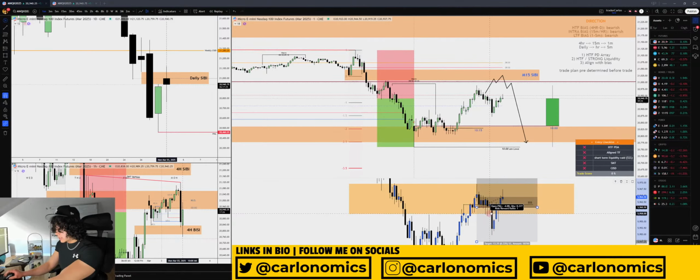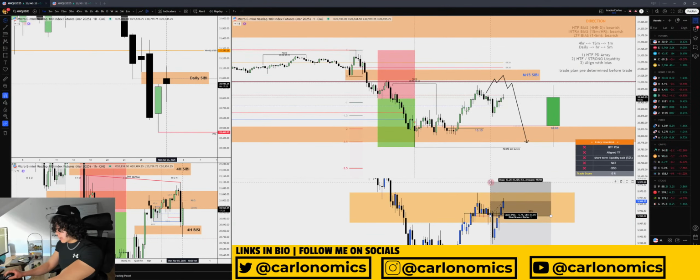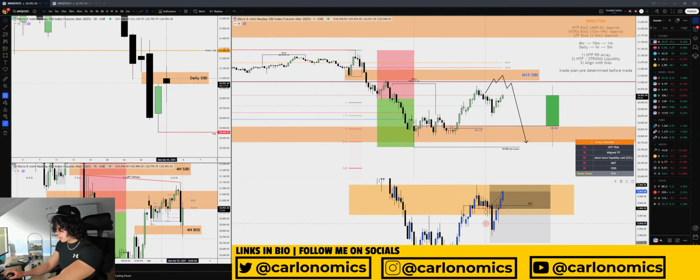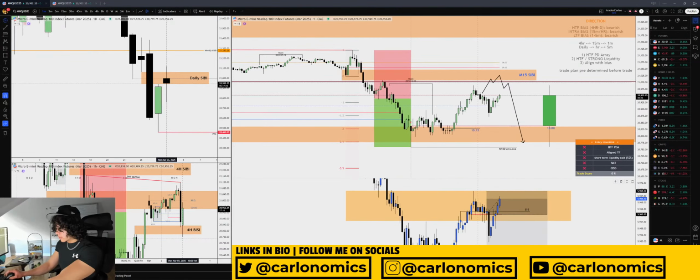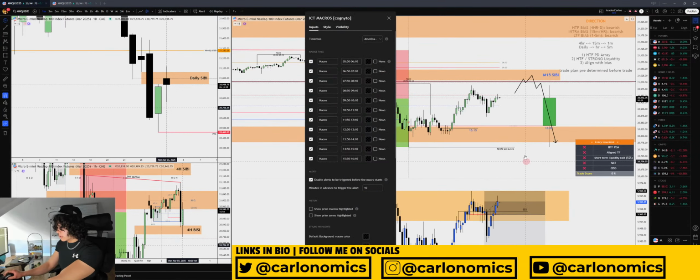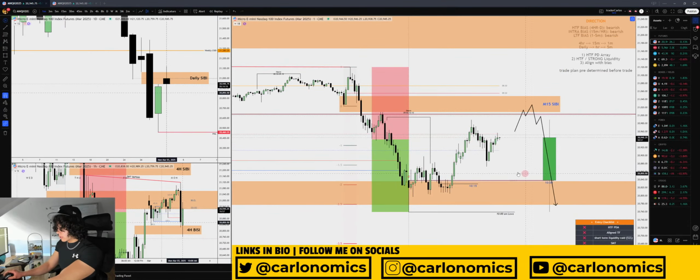This exact setup on ES with the stop at the high and targeting the lows is perfect. This exact setup on ES with the 15-minute imbalance is what I want to see on this 15-minute imbalance above. So this setup right here is what I want to see up here. I'm going to see if we can get that.